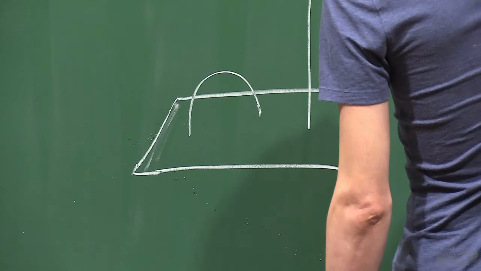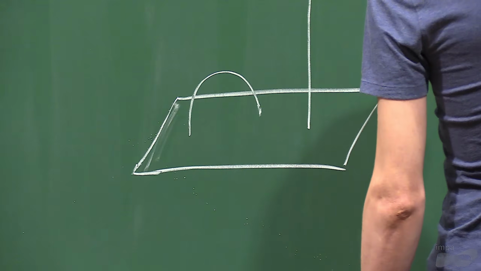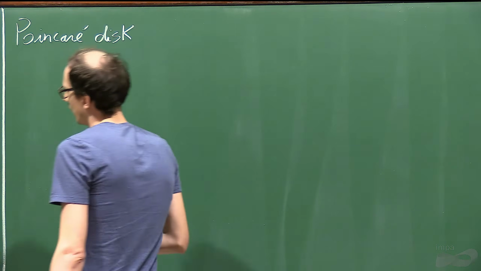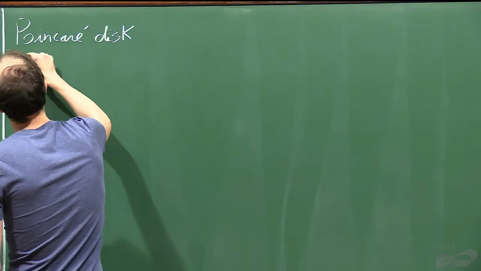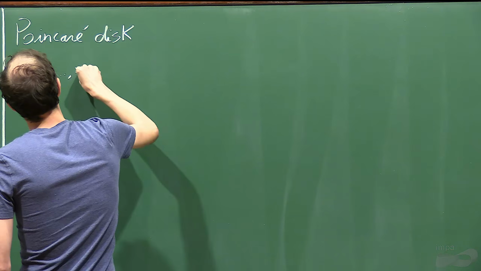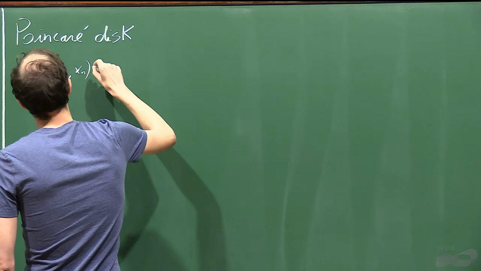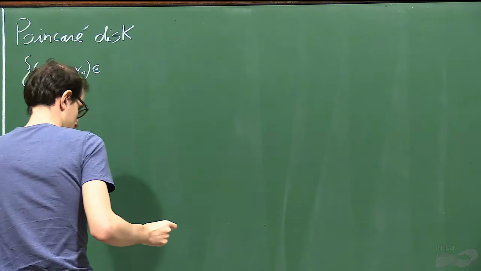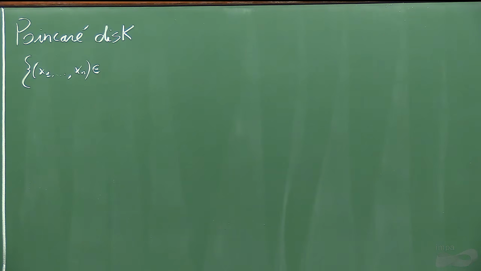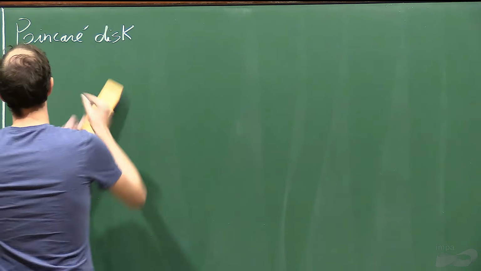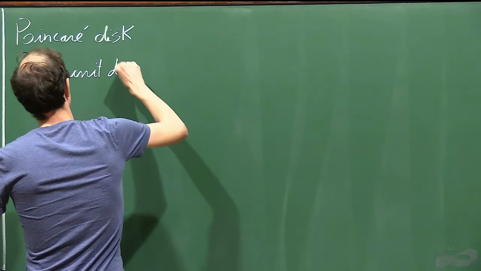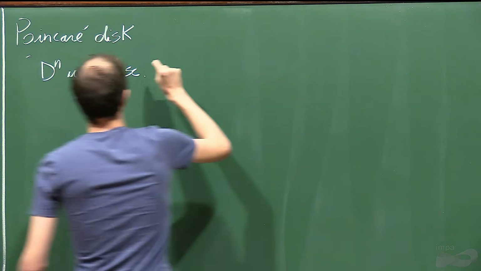And the Poincaré disk is a disk, as the name suggests. I'll just call it D^n. It's just the unit disk. And the tensor, the numbers are not important.